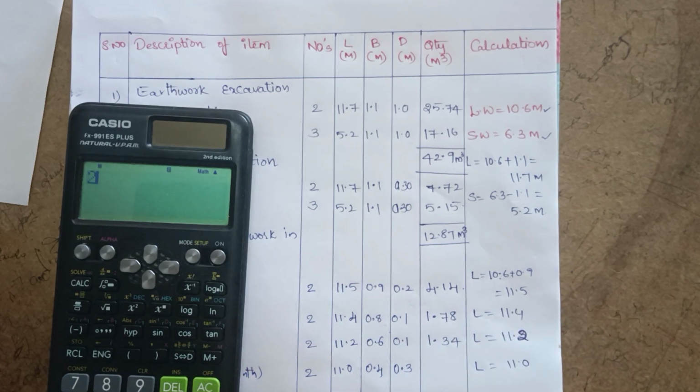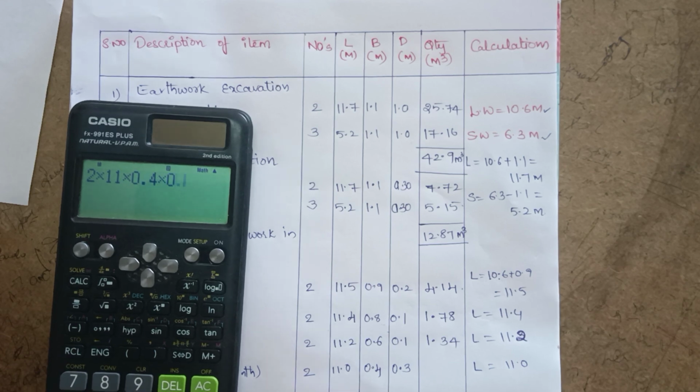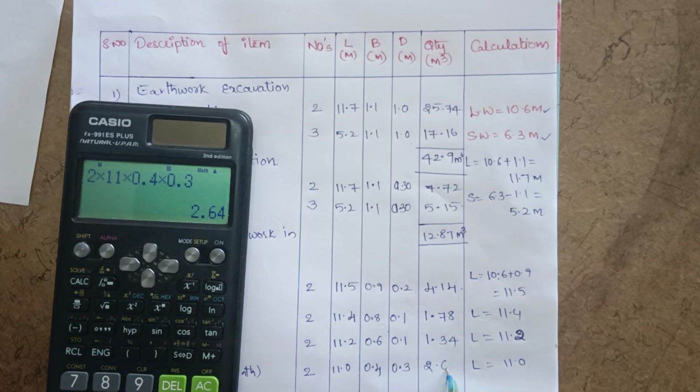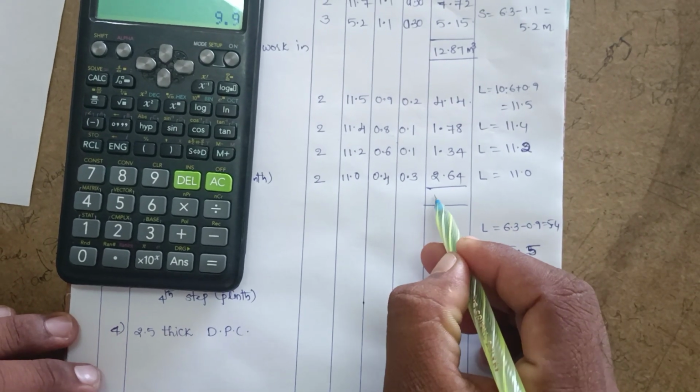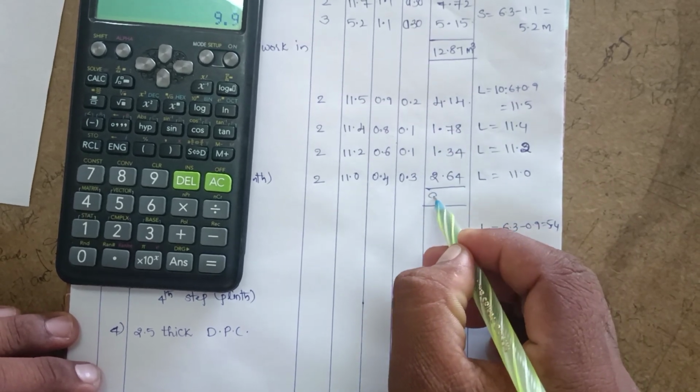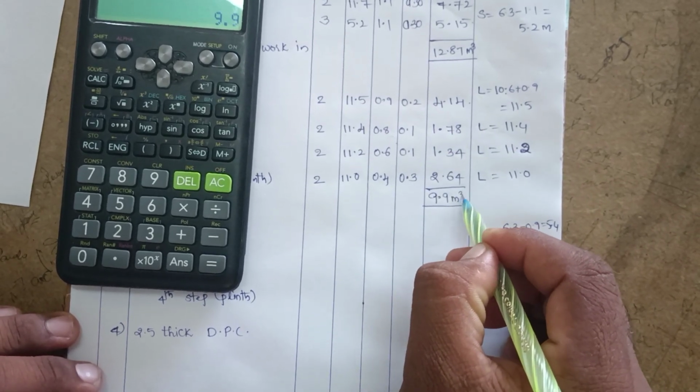The fourth one, 2 into 11 into 0.4 into 0.3, 2.64. The total quantity, adding all these, comes out to be 9.9 meter cube.